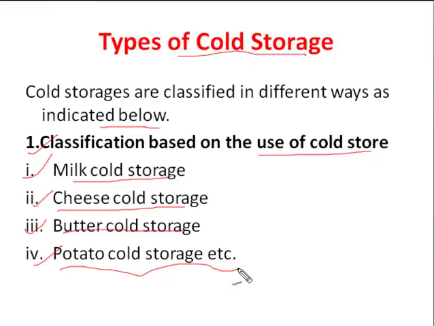So for different products, the classification on the basis of use is different, because the temperature needed for saving the shelf life of perishable food products is different. So for a particular purpose, a cold storage is installed.